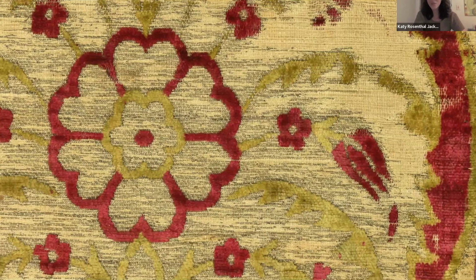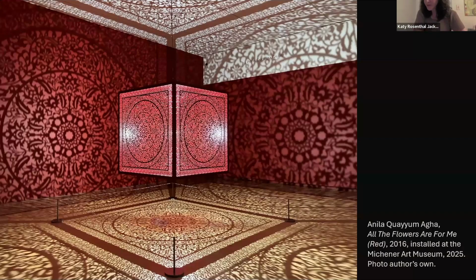And I think that more than any other textile we're going to look at tonight, the motifs of this floral design are the most directly related to the kinds that we see in Agha's patterns. For example, here, we can see it particularly in the arching of feathery leaves with serrated edges, and this is referred to as Saz style, which was widely used in the Ottoman aesthetic across media.